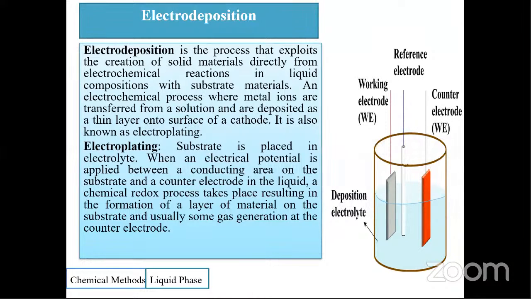One is known as the working electrode and the other one is the counter electrode, and in between there is a reference electrode we are using here. The solution which we want to use for making the films, we put in a beaker, and then we apply an electric field. Due to the electrolysis and those chemical reactions, we can get the material deposited.